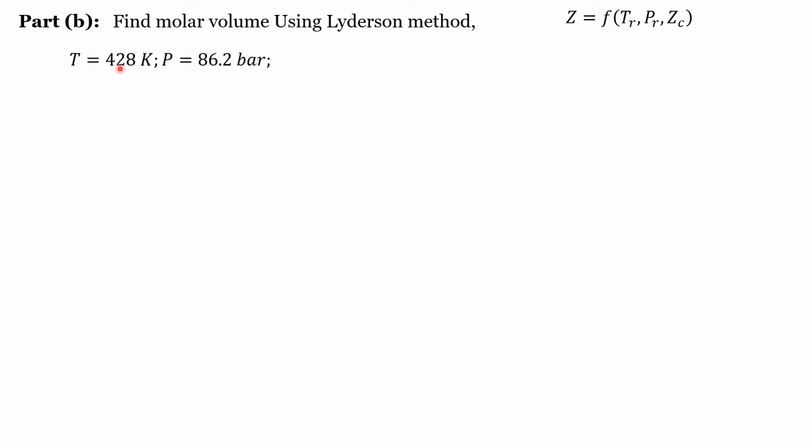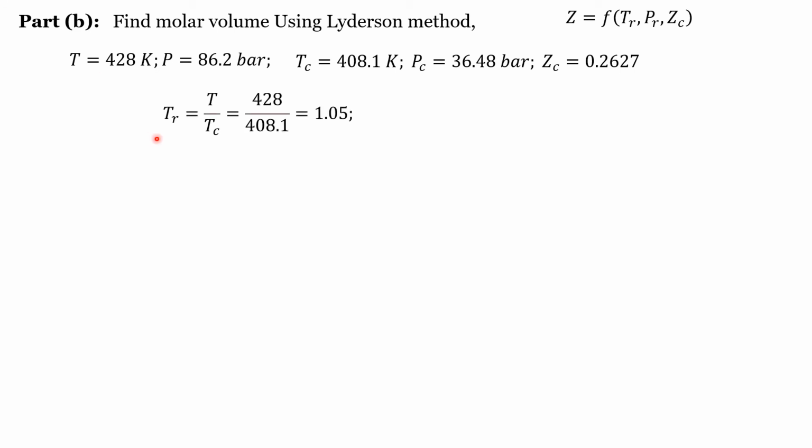So temperature and pressure are given, as well as critical values, that is TC, PC and ZC. So we need two reduced values in order to read the chart.